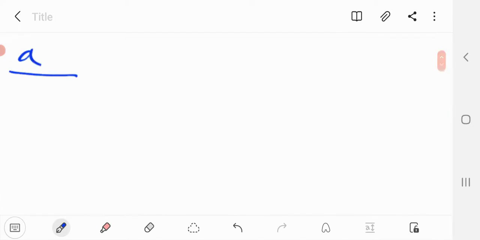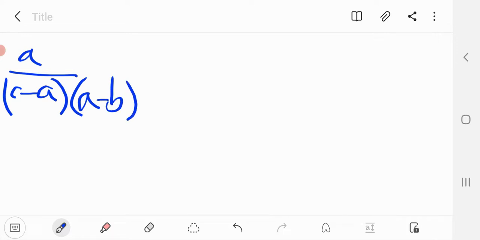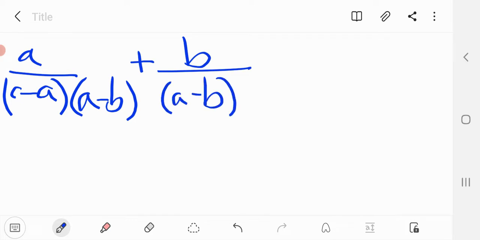a divided by c minus a into a minus b, these are two factors. Then plus b divided by a minus b and b minus c, these are also two factors.